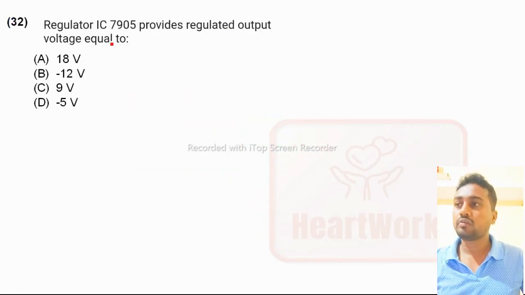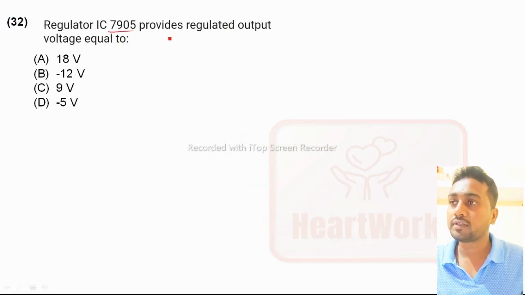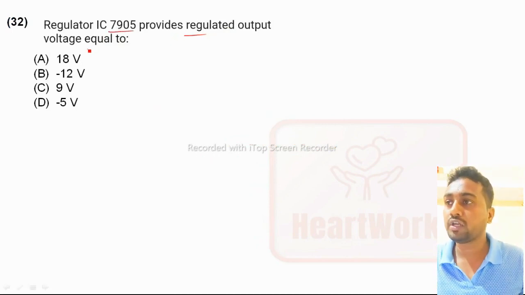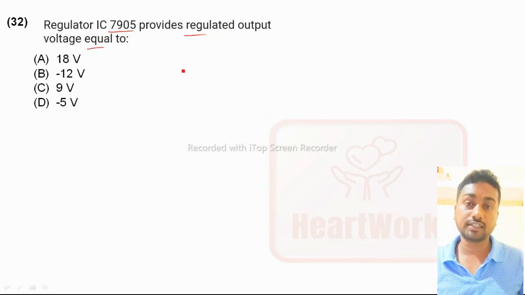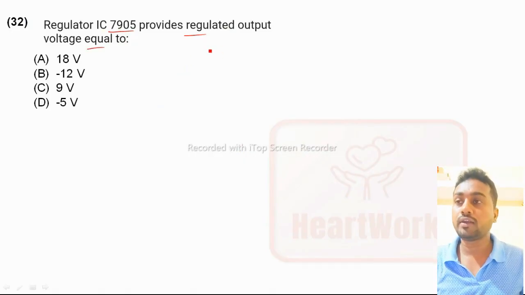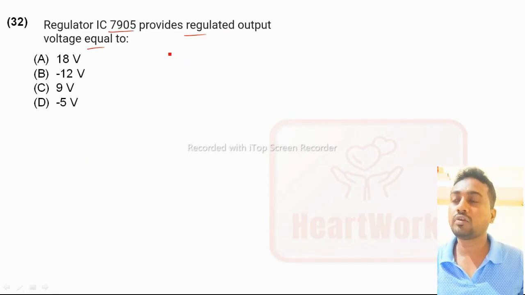Now coming to the next question. Regulator IC 7905 provides regulated output voltage. A regulator IC is used to provide regulated output voltage. There are two types of regulator ICs: positive regulator IC and negative voltage regulator IC.